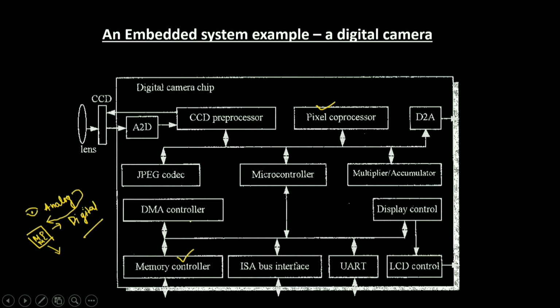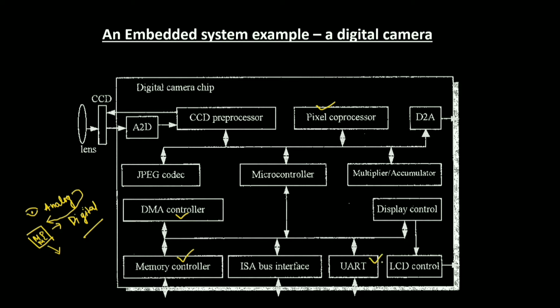also found in the camera, while the DMA controller enables direct memory access by other devices while the microprocessor is performing other functions. The UART is the universal asynchronous receiver and transmitter.